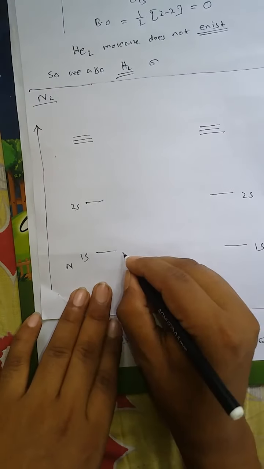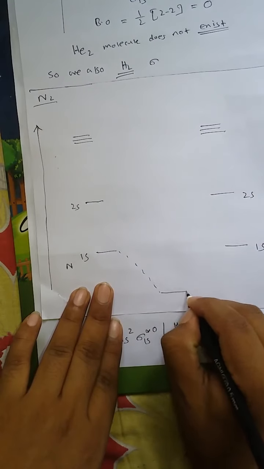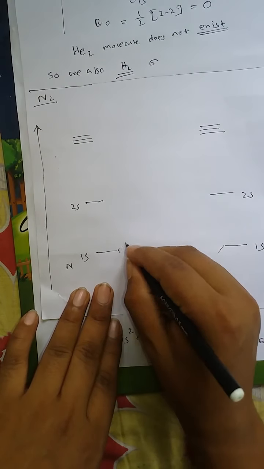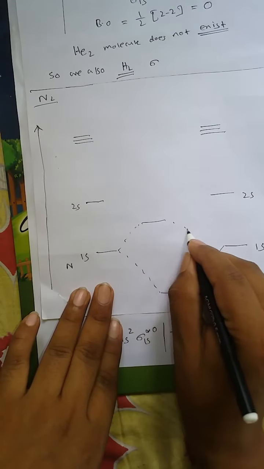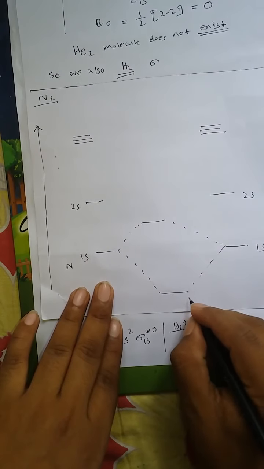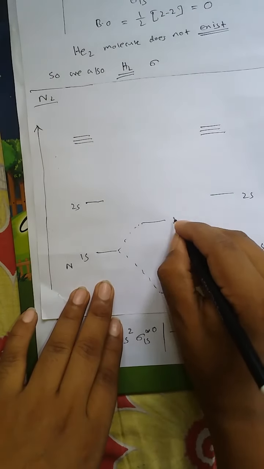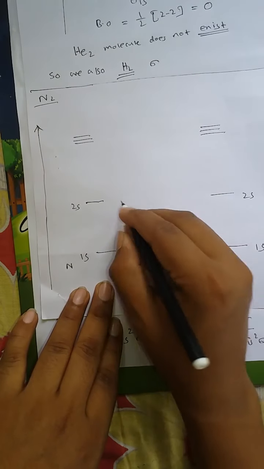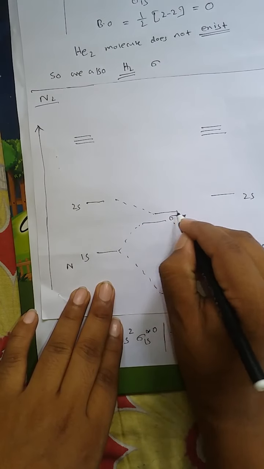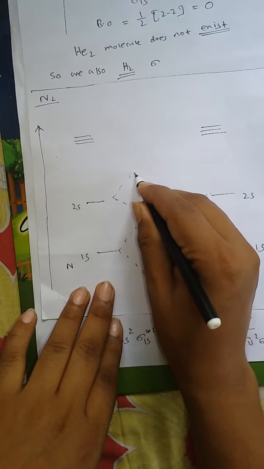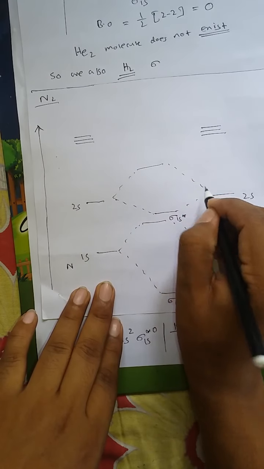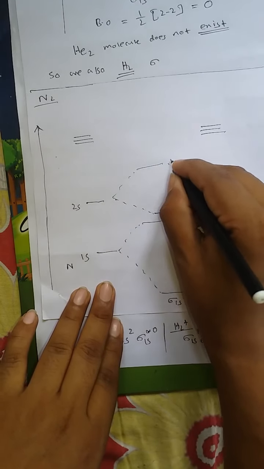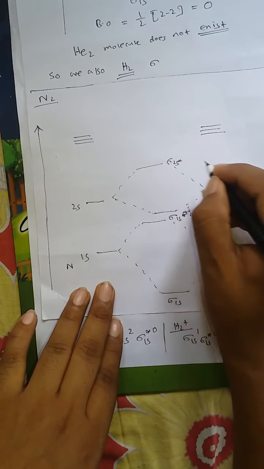As usual, the 1s orbitals combine and form BMO and ABMO. This is sigma 1s, this is sigma 1s star. For 2s, similarly, sigma 2s and sigma 2s star.